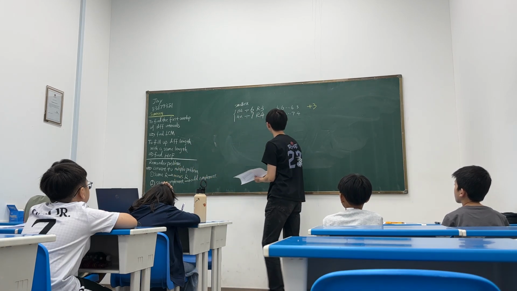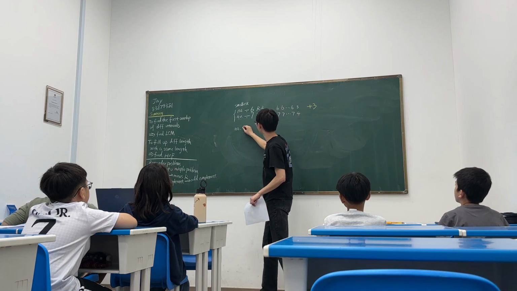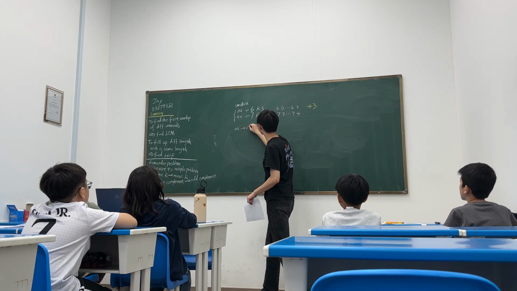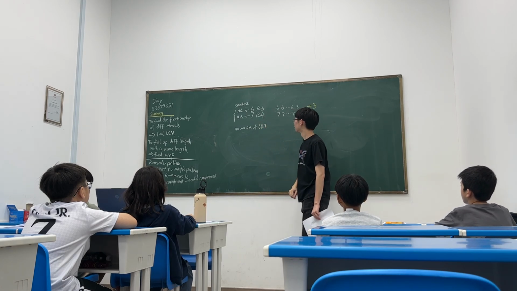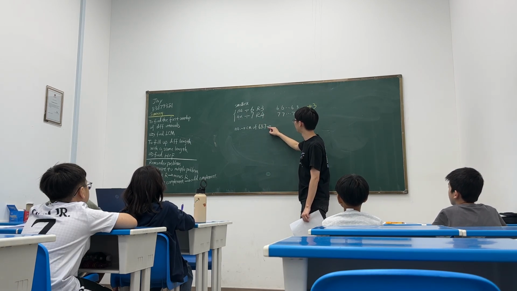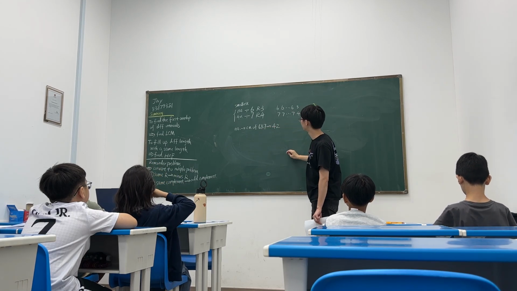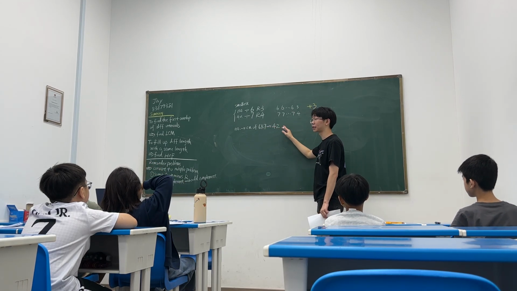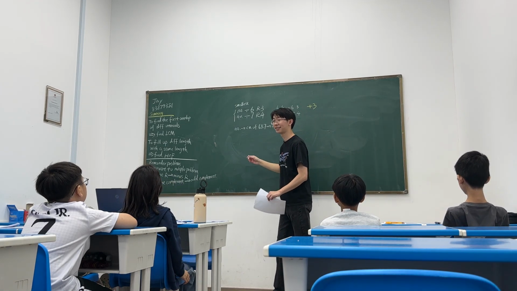Excellent. So you see, this number, after plussing 3, is a common multiple of 6 and 7. For sure, I'll just skip the step. It is 42. And then this number plus 3 gives us 42. What should this number be, Dylan?